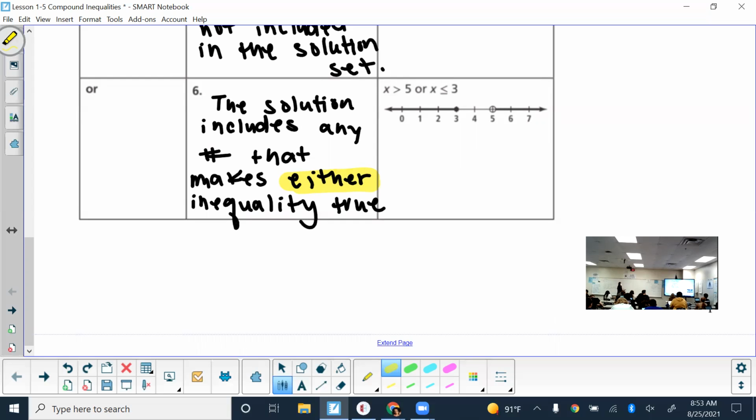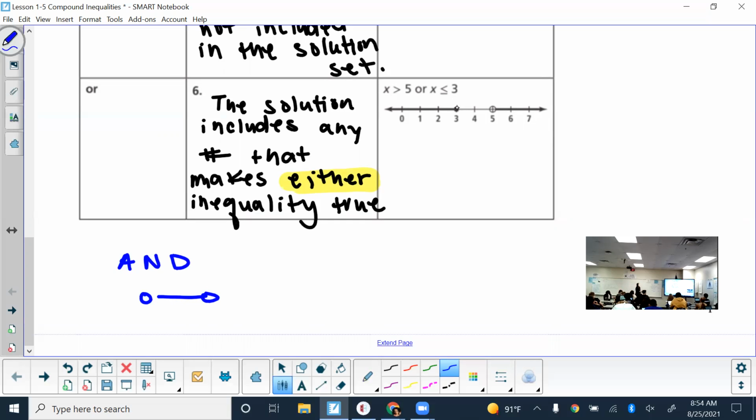So, a similar example to the one we had up top. We have x greater than 5 or less than or equal to 3, and it's graphed for you. These graphs for the ands will always look the same, kind of like a dumbbell, where they overlap in the middle.